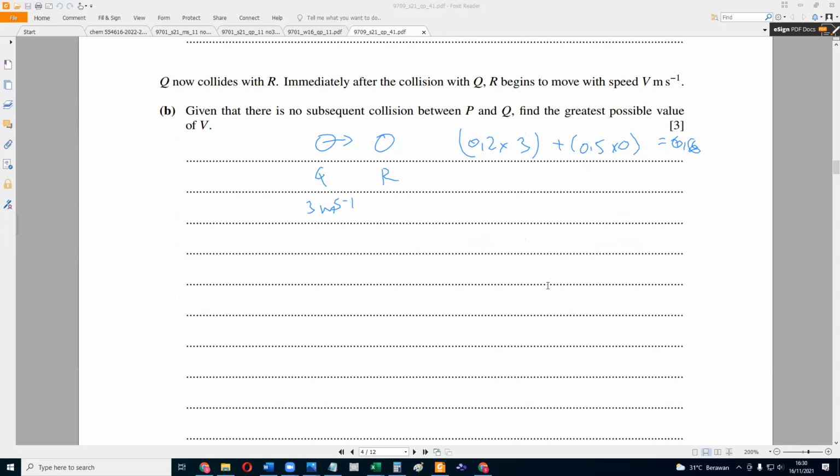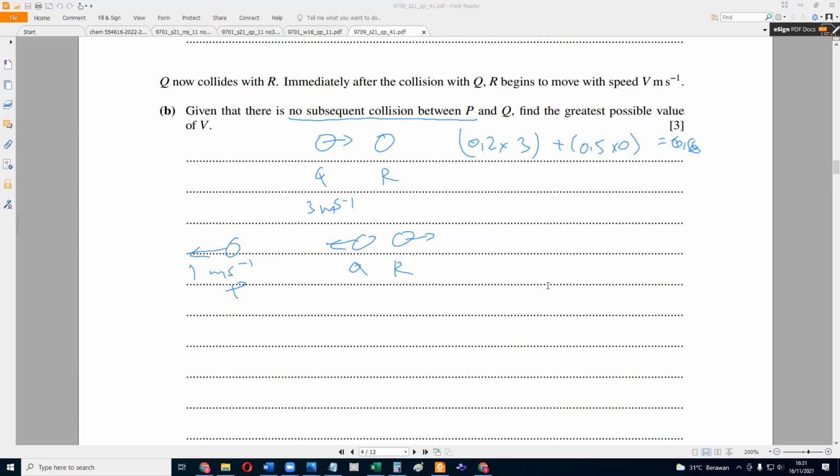Afterward, we have R moving that way and Q moving that way. There is no subsequent collision between P and Q. How come? It can be if the velocity of Q is not higher than P. We know that before, P is moving to the left with the speed of 1 meter per second. In order to make sure that Q is not going to collide with P, the velocity of Q maximum is also 1 meter per second to the left.